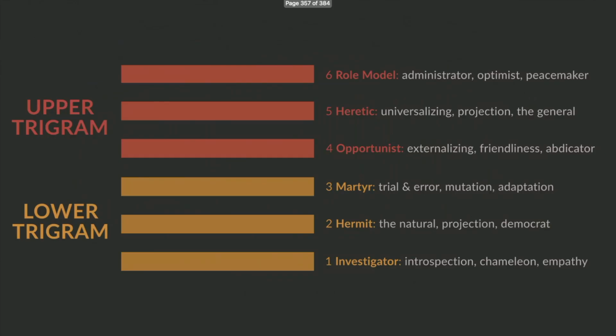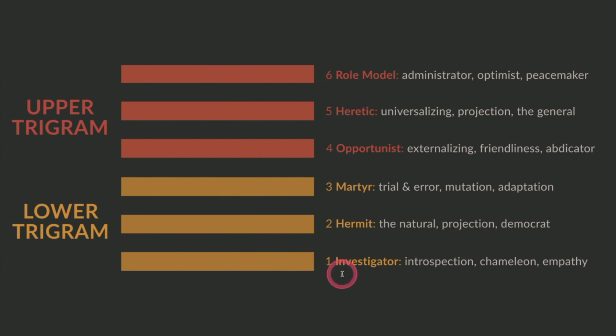And so essentially there are 6 fundamental roles in the human design system. And you can see in this graphic here, as we learned in the first episode about reading hexagrams, this is based on the hexagram structure, right? We always read it from the bottom up, so 1 through 6.